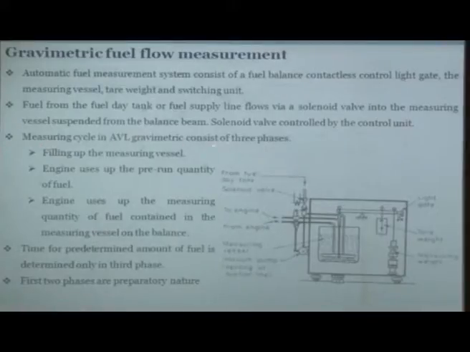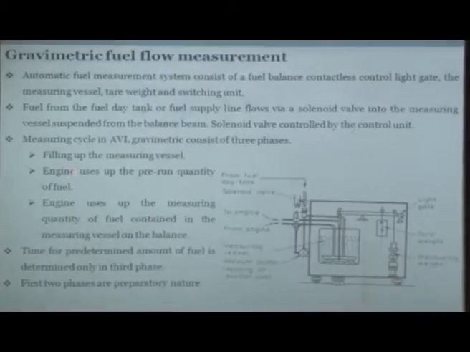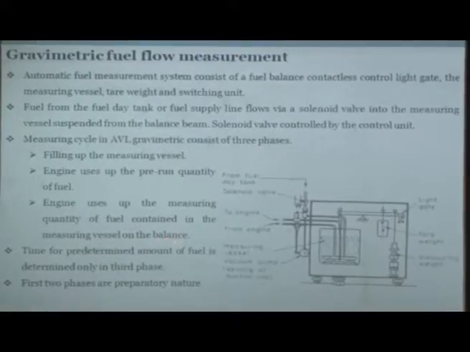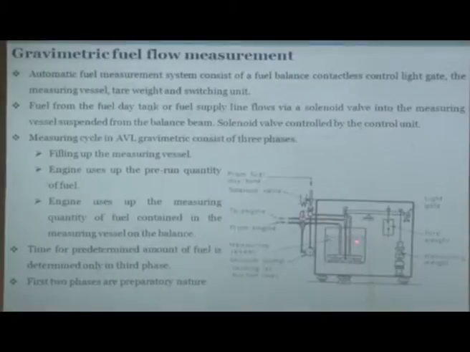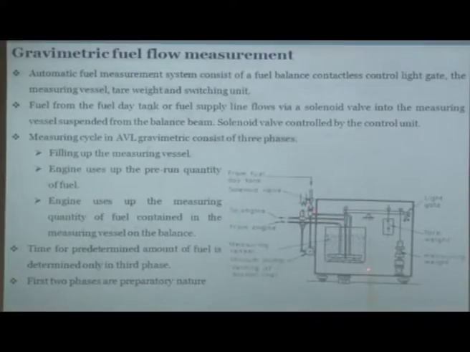The measuring cycle in the gravimetric method consists of three phases. First, it will fill up the measuring vessel when you want to start the measurement. Then the engine uses up the pre-run quantity of the fuel. Then the engine uses up the measuring quantity of the fuel contained in the measuring vessel on the balance. Once it is filled, you just stop the supply and see how it is changing. Once the fuel supply from the tank is disconnected, the change will be equal to what is being consumed by the engine.